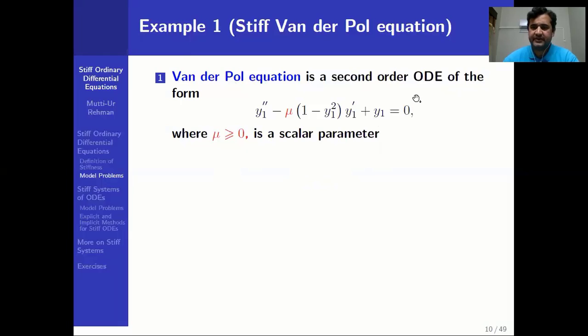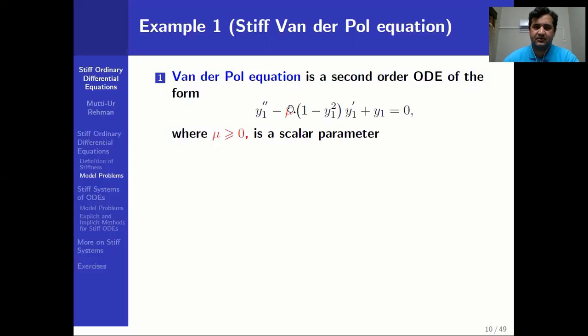I take the simple case when there is no external force, and y1 could be the position coordinate, and this is a scalar parameter.